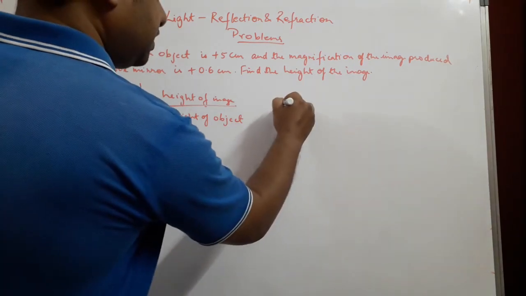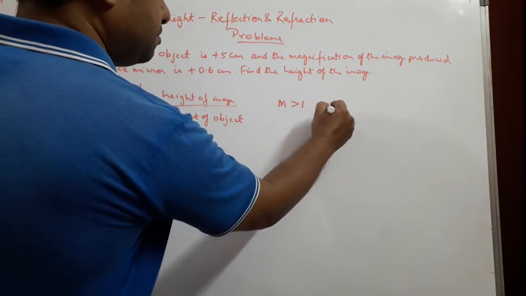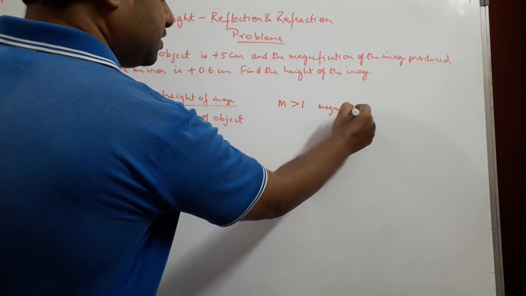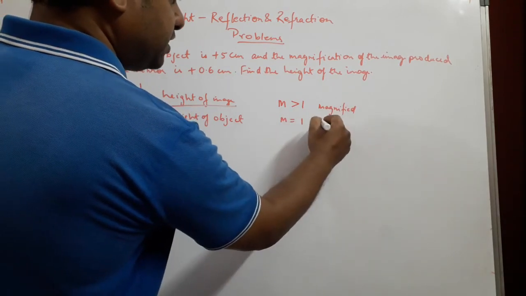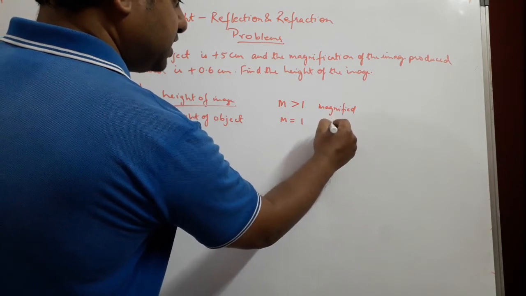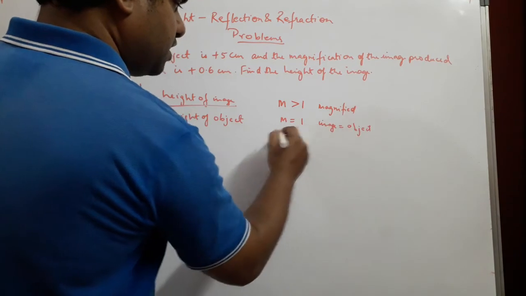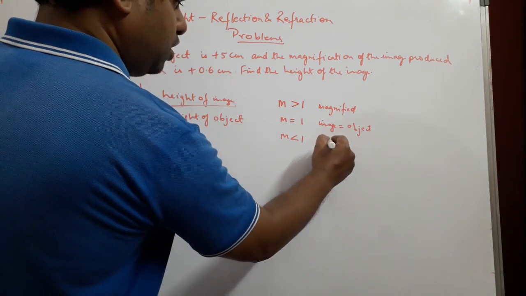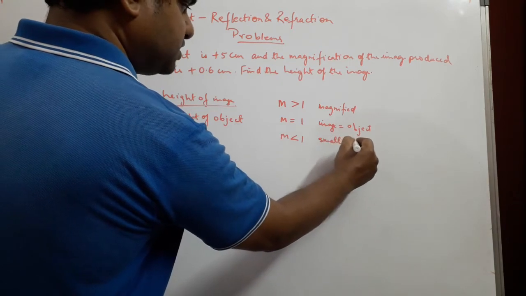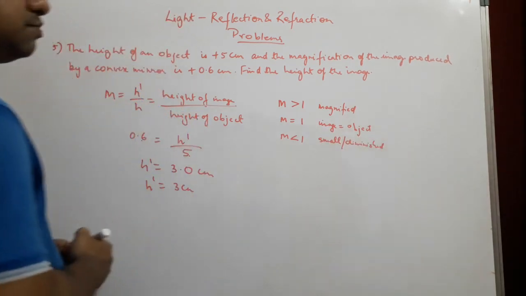If m is greater than 1, then it is magnified. If m is equal to 1, then the image size is the same as that of the object. But if m is less than 1, then it is small or diminished, based on how small the value is.